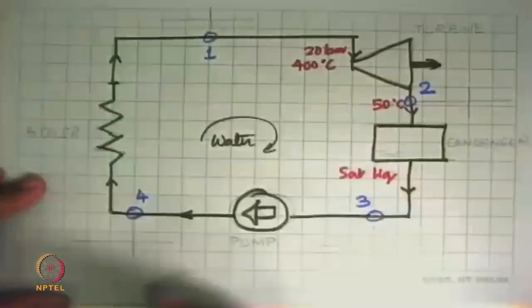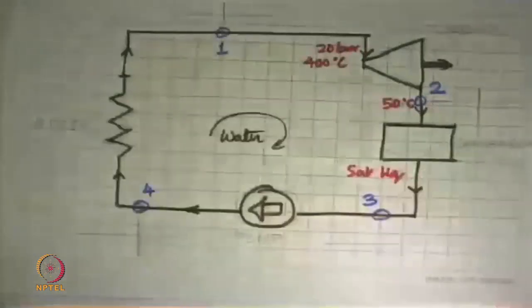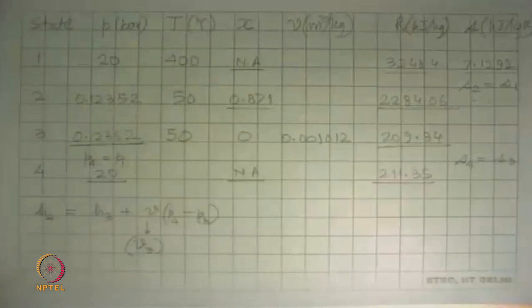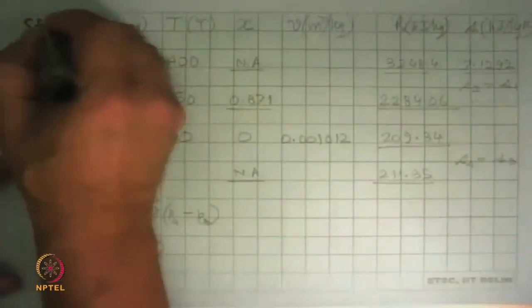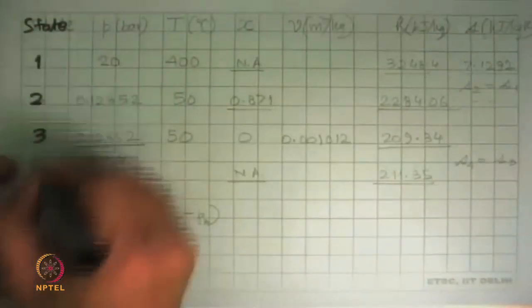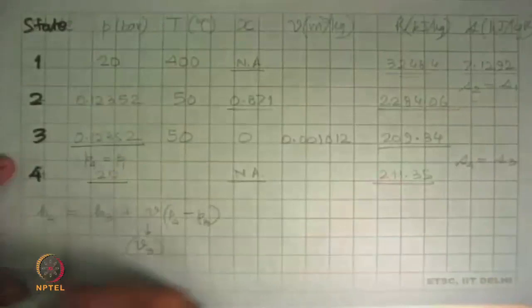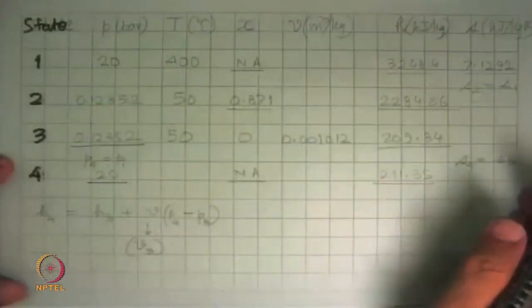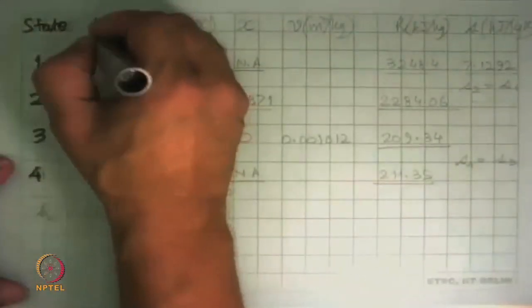And then what we will do is, we will plot all of these into a table. So we make a table where in the first column we write down which is the state point that we are looking at. So we have 4 states, 1, 2, 3, and 4. And beside this, we will list all the properties for that particular state. So first we will put pressure and units as bar.